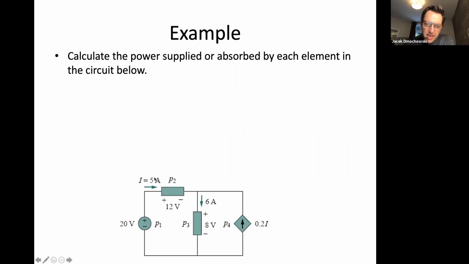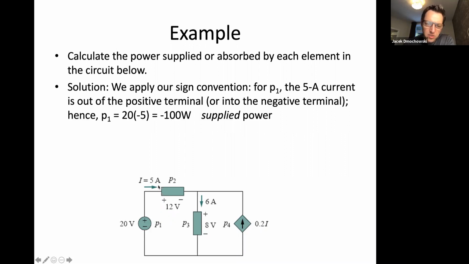And so it's actually -5, because the 5 amps is exiting the positive terminal. On the other hand, for P2, the 5 amps is, just give me 1 second here.